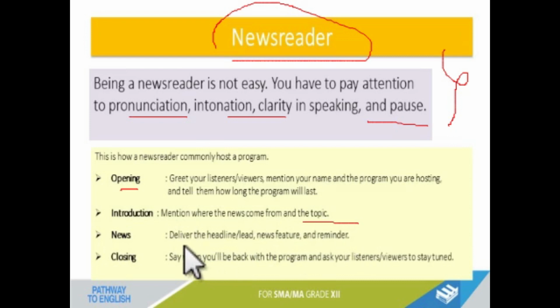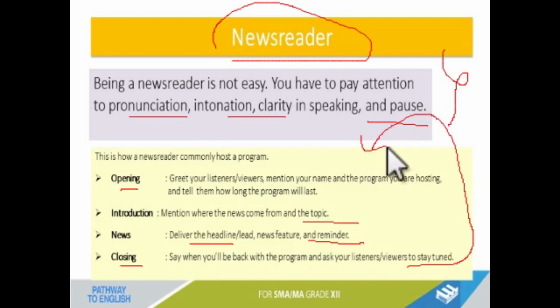Then the content of the news: deliver the headline or lead, news feature, and then reminder. And the last, closing: say when you'll be back with the program, and ask your listeners or viewers to stay tuned on that program for next weeks. Okay, this is how to be a news reader or newscaster.